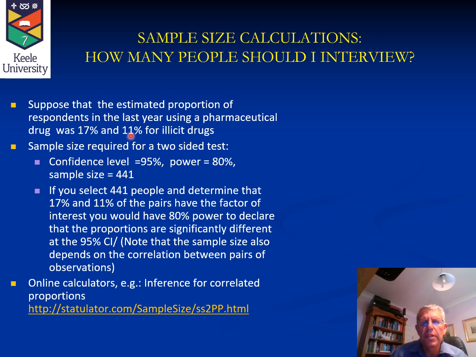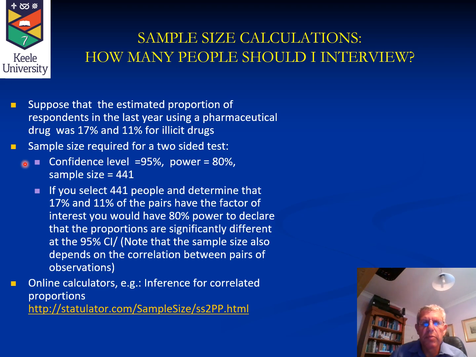So the first thing I need to think of is what is the confidence interval that I would like around this difference. So if I want to be 95% confident, then I would need to choose a particular sample. And secondly, what power would I need? In other words, if there is an effect, how many people would I need to find that effect?